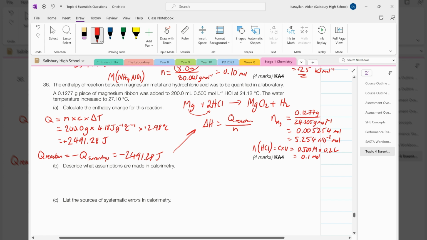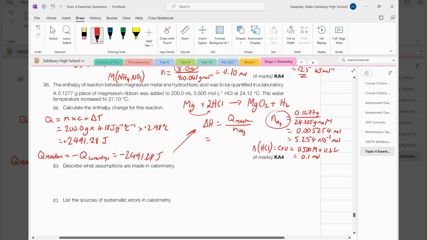Now, 0.1 moles of this will react with half as many moles of magnesium, which would be 0.05. We have a lot less magnesium. So that means magnesium is our limiting reagent, so we should go with the number of moles of magnesium here. There is plenty of hydrochloric acid to react with the magnesium we have, so the limiting thing is the magnesium, and that's what we're going to go with for our n.